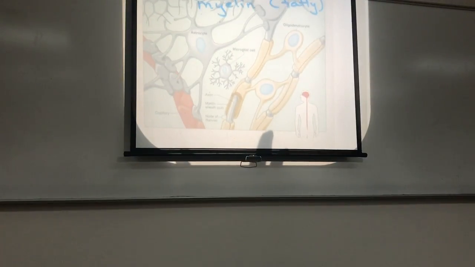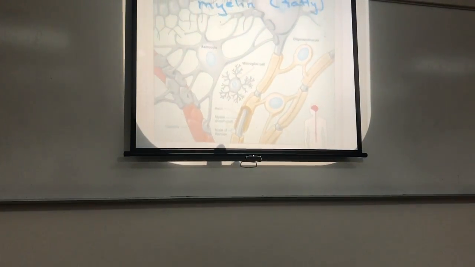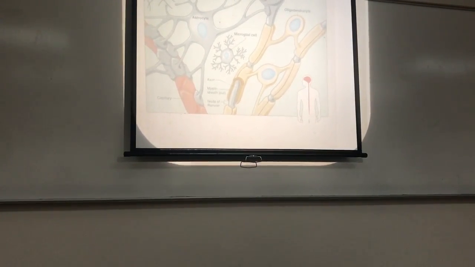Now, oligodendrocytes are also found in the central nervous system. So these are going to form a covering, a coating around these axons that's very similar to the plastic coating we see on electrical wires. And it serves the same sort of function. It insulates the axon. Fats don't conduct electricity. Fats are very poor conductors of electricity.